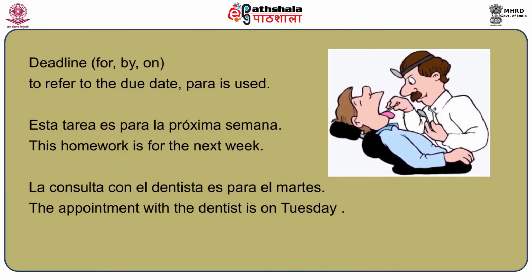For the purpose of deadline, para can be translated as for, by, on, and it refers to the due date. Esta tarea es para la próxima semana. In English, this homework is for the next week.